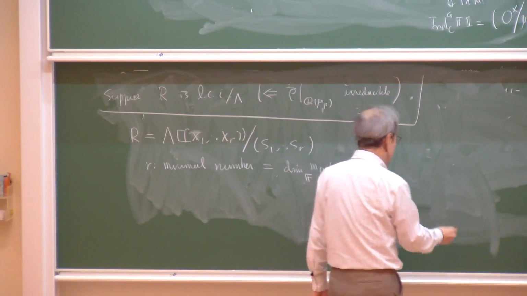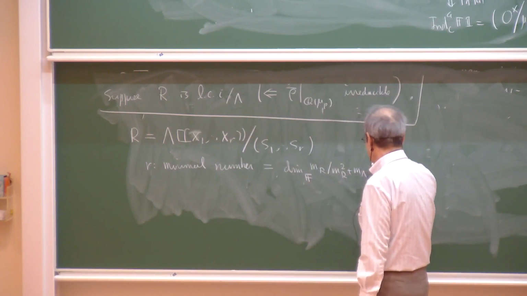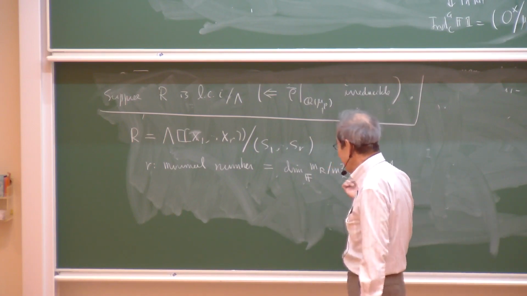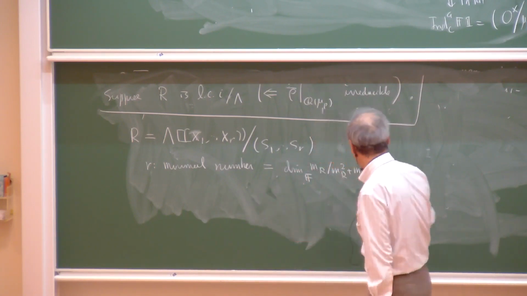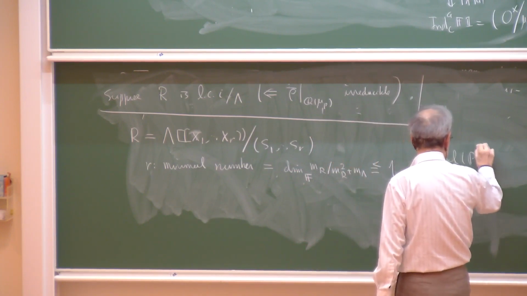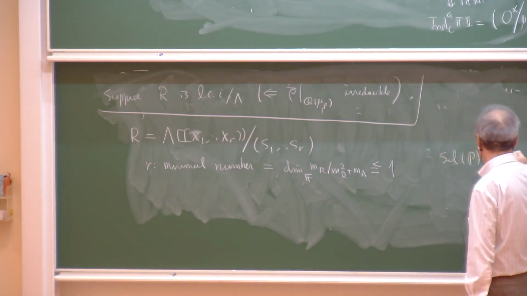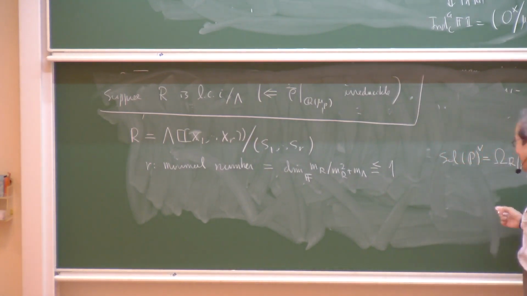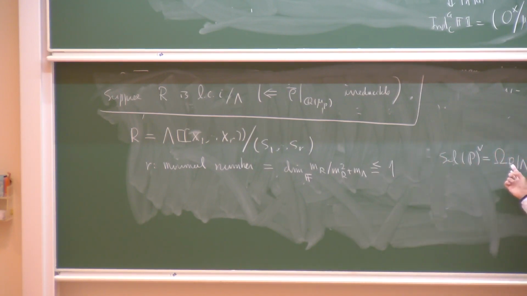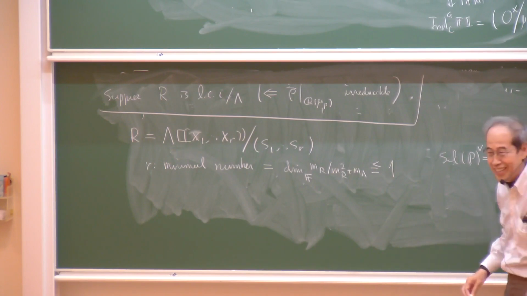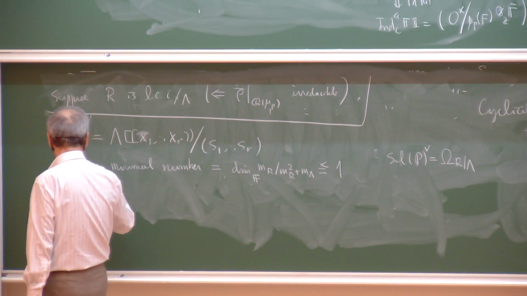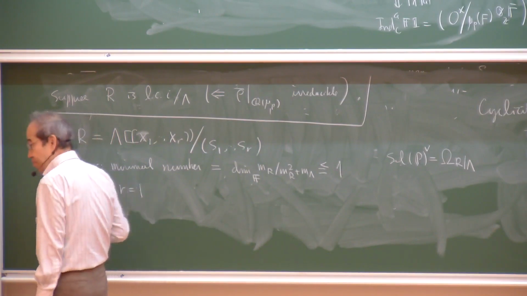Under this kind of assumption, I know this is less than 1. If it is 0, there's nothing to prove. You remember that the Pontryagin dual of the Selmer group of rho is omega R over lambda. And if it is 0, R and lambda are the same thing. So it just vanishes, so it's okay. So I can assume R is 1.